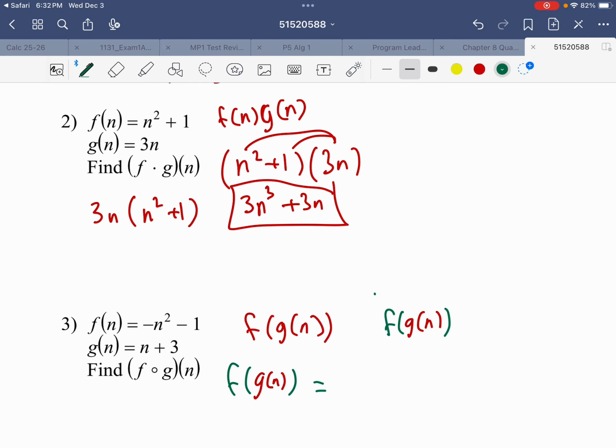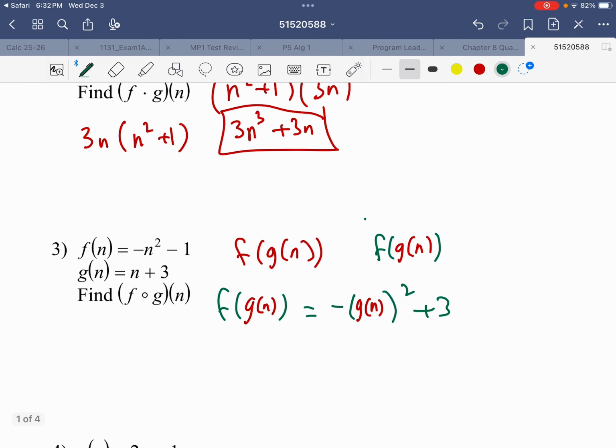is going to be equal to negative g of n squared plus 3. Now g of n is equal to negative, and then this is going to be n plus 3 squared plus 3.